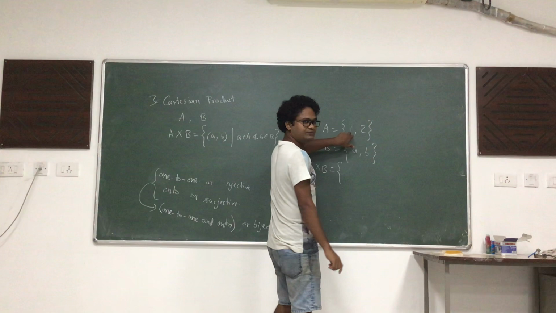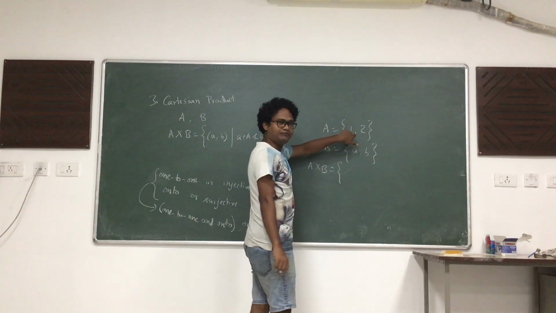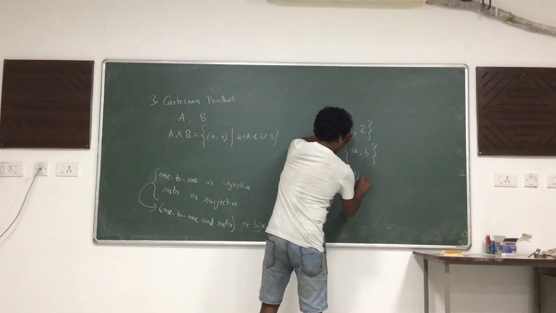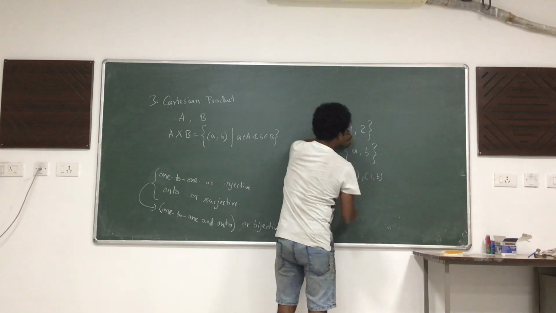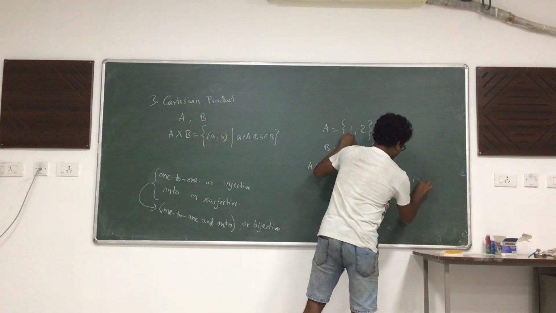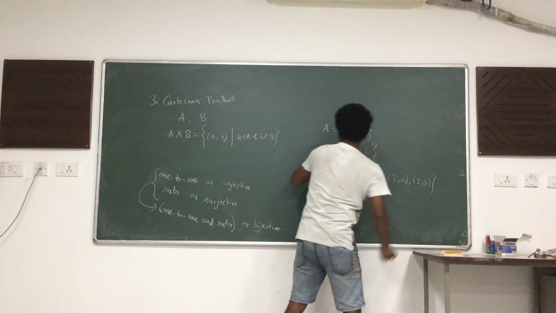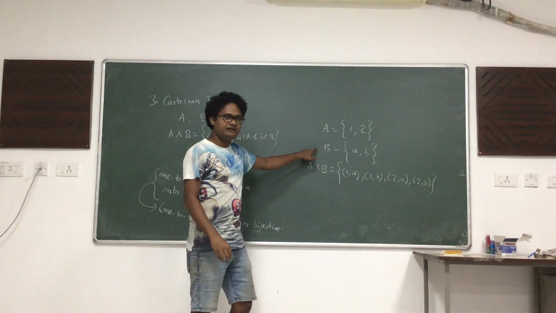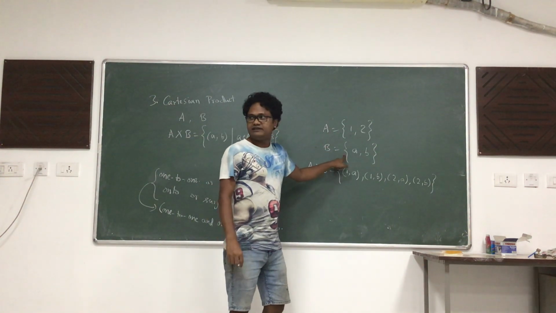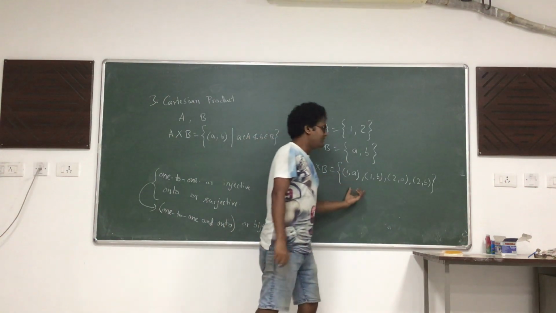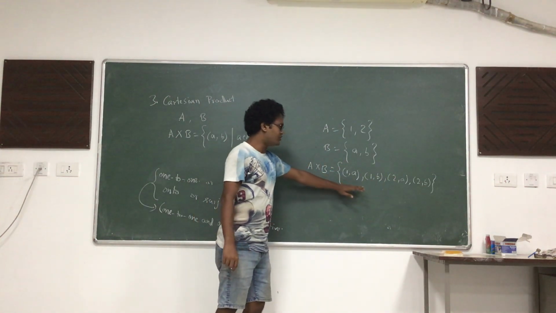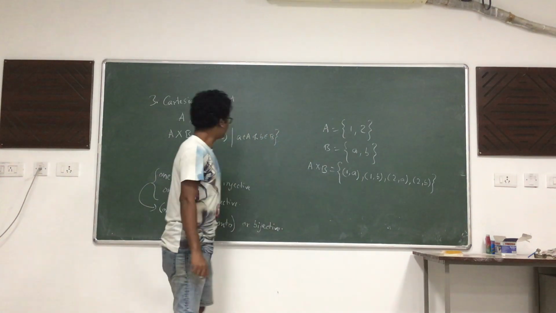First we take 1 from A and pair it with each element of B, and all possible pairs we have to consider, then (2, a), (2, b). So if A and B are both finite, with n elements and m elements, then the Cartesian product will have n times m elements. This is also understandable.